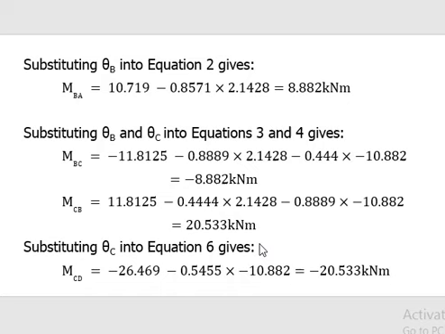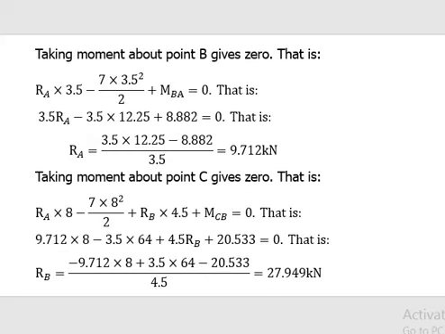Substituting theta C into equation 6 gives MCD as minus 20.533 kilonewton meter. All the support moments have been determined. The support displacements have also been determined.